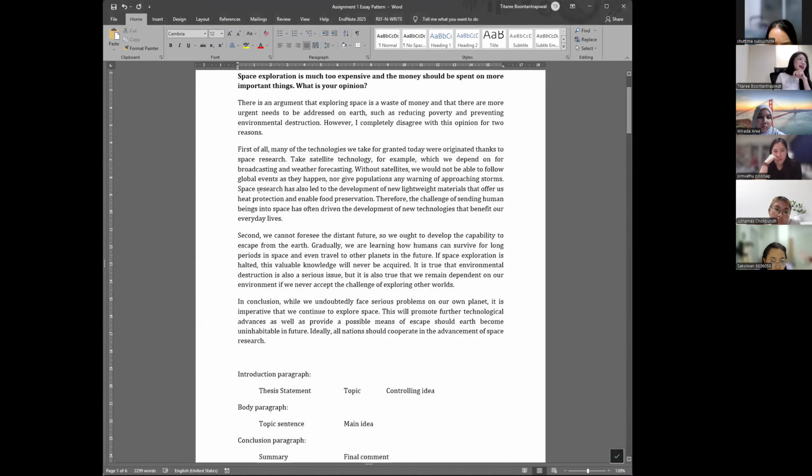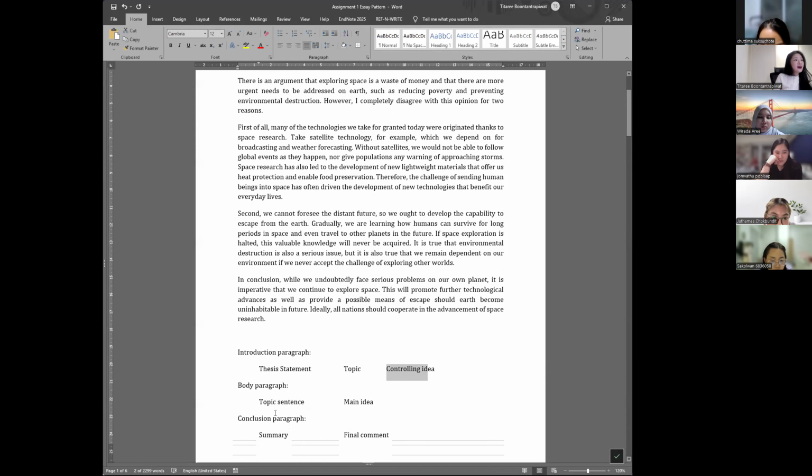Please identify and highlight the thesis statement, and within the thesis statement, highlight the topic and the controlling ideas. For each body paragraph, highlight the topic and the main idea. And for the conclusion, please identify which part shows the summary and which part shows the final comments.